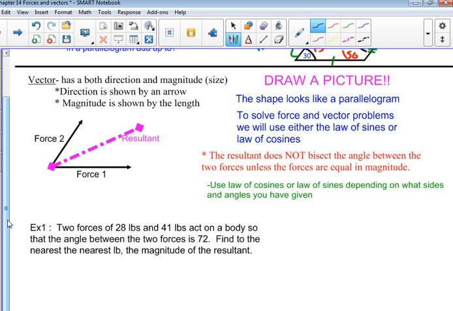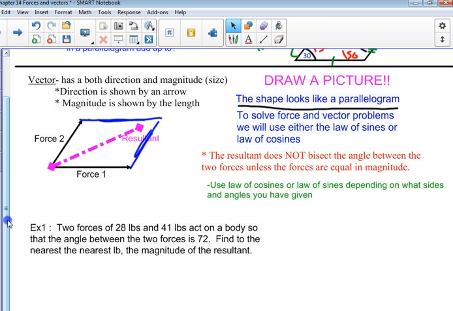And what we want to do is make them into a shape that looks like a parallelogram, because usually they're not drawn for you. Once in a while, they're nice and drawn, so we'll start the picture. So you're going to have one force down here and one force going up. And when you make this into a parallelogram, kind of just finish it. It doesn't have to be perfect.